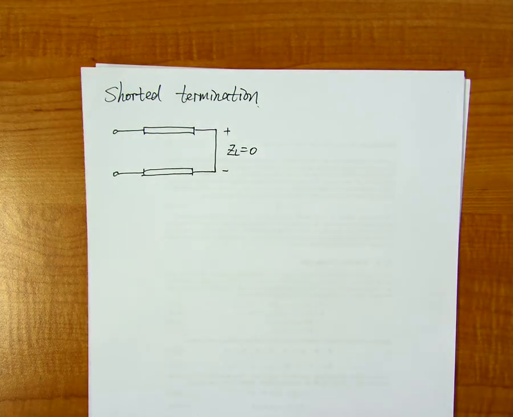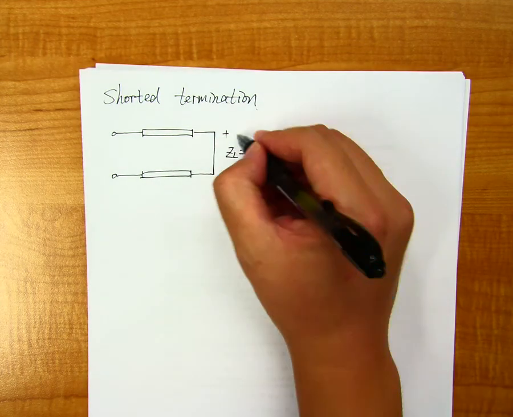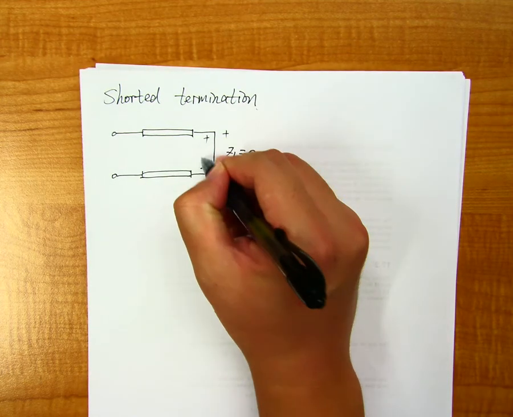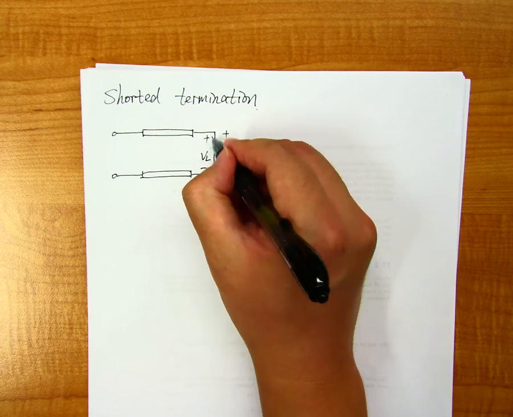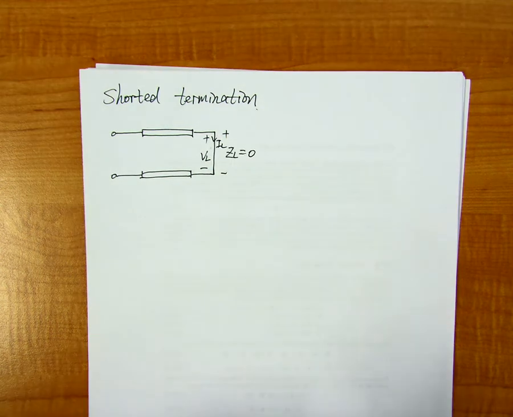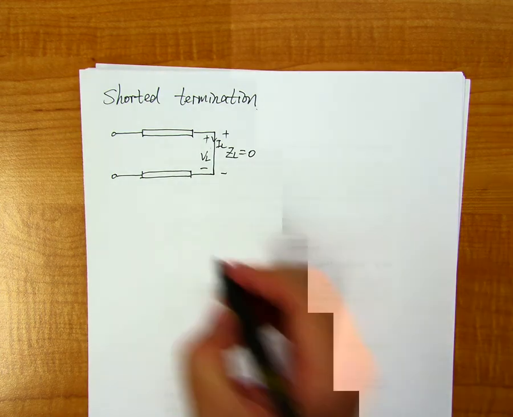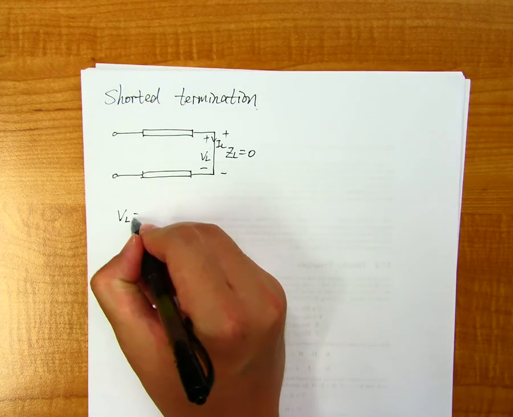Again, for this case, what VI condition does this short circuit give us? Suppose this is VL, this is IL. What condition do we have? Yes, the actual condition we have is VL is 0, right?